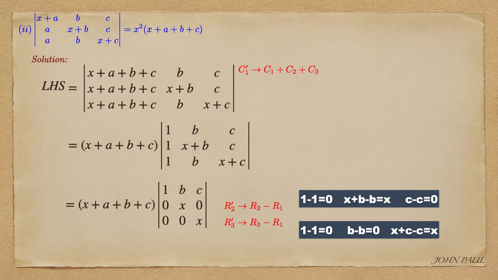Now we know the condition, we have seen the property just now: the principal diagonal is there and one side of the diagonal is 0. So we can take the product of the principal diagonal. By multiplying this, we get x square into x plus a plus b plus c. This is our right hand side.